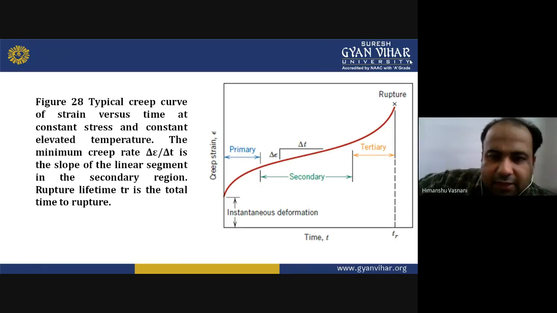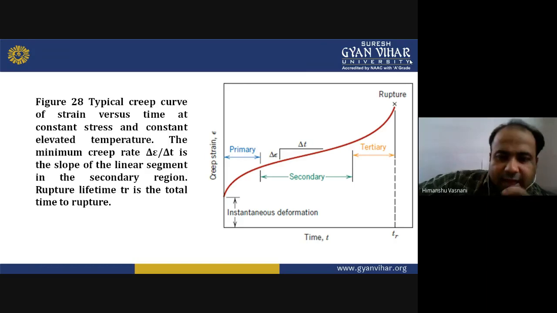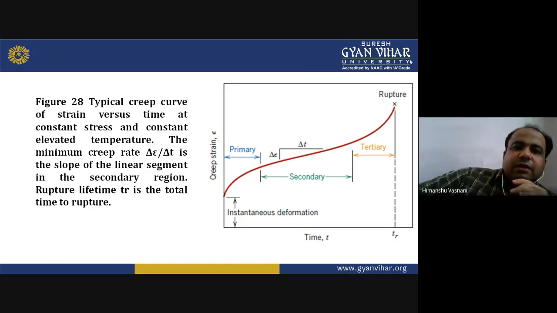In this diagram, you can see that the whole creep process is divided into three stages: primary, secondary, and tertiary. This diagram is normally called the creep curve. It shows creep strain versus time at constant stress and constant elevated temperature.